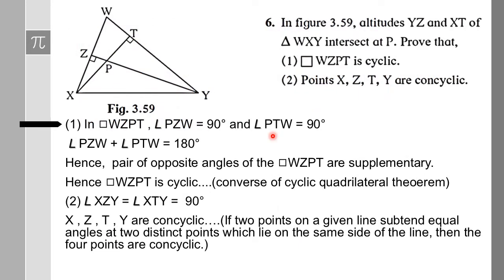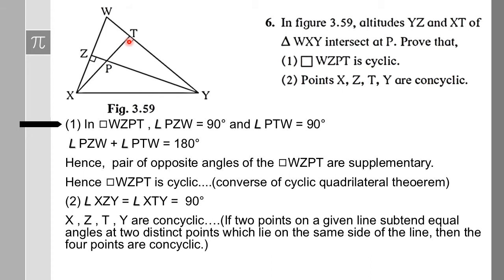Okay, so this is the 6th question. Here is figure 3.59. Here YZ is the height and XT is also a height of the triangle from two different vertices. From vertex Y to Z, when the base is WX, YZ is the altitude or the height. When WY is the base, XT is the height, or the altitude of the triangle.